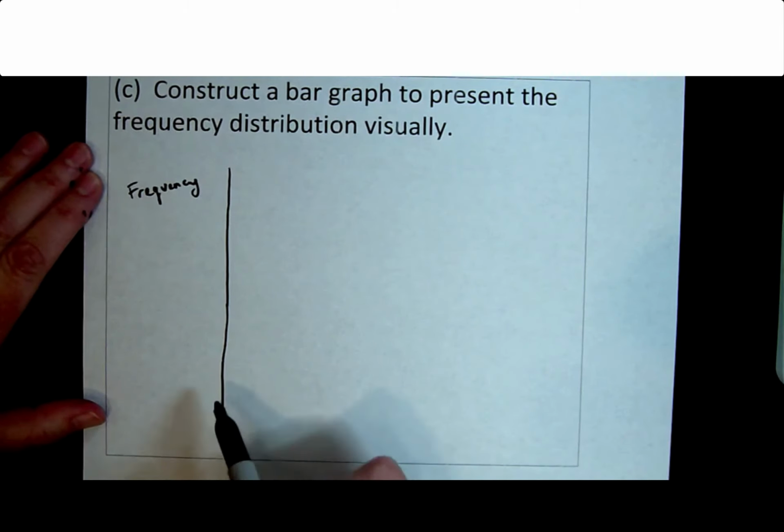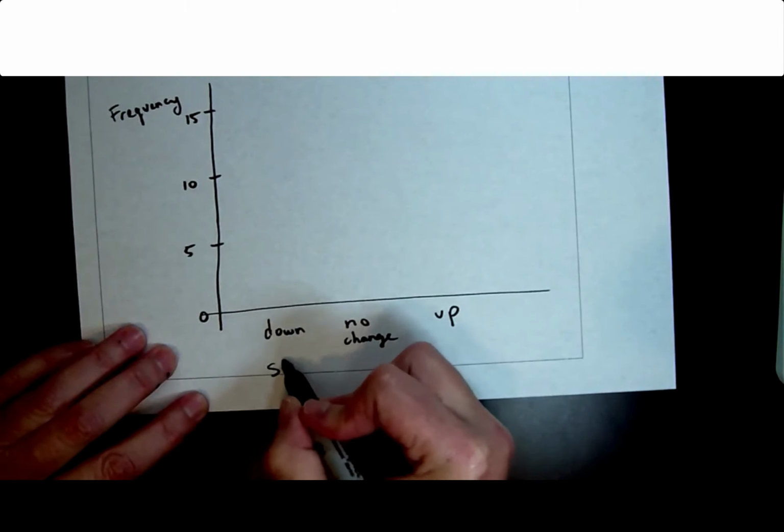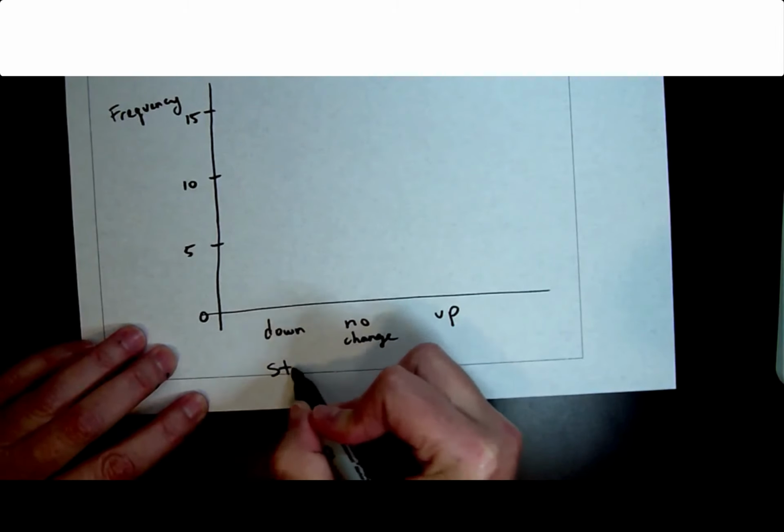So let's say put 15 there, and then 10 would be about there, and 5 would be about there, and the 0 on the horizontal axis. And then the data values are down, no change, and up. Okay, and so the data values are stock price movement.